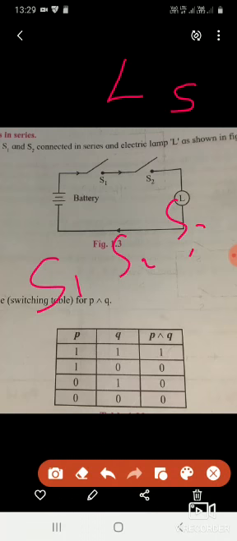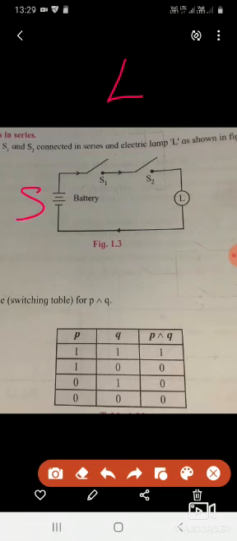Now S1, S2, S3 mean that the switches are closed. For example, if S is given, it is closed. Closed means the switch is on.